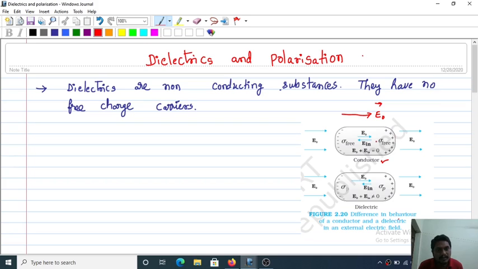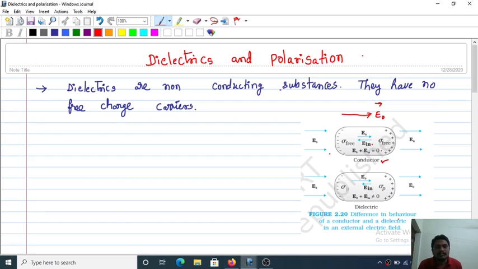This happens until the induced electric field equals the external electric field. The displacement of charges continues until the net electric field inside the conductor is 0.